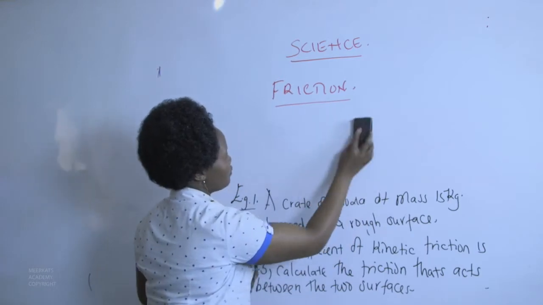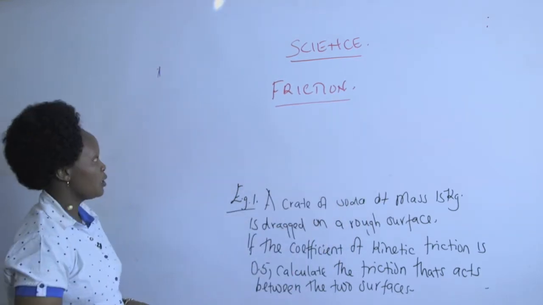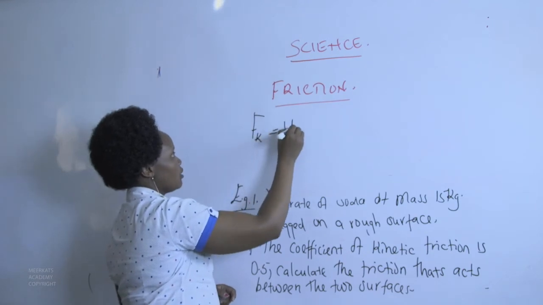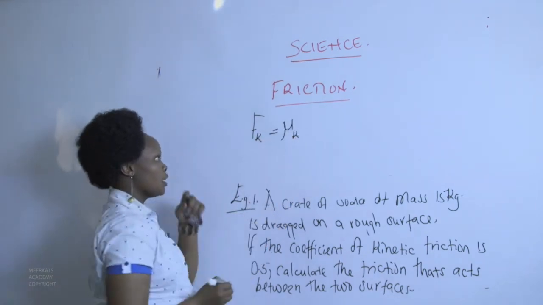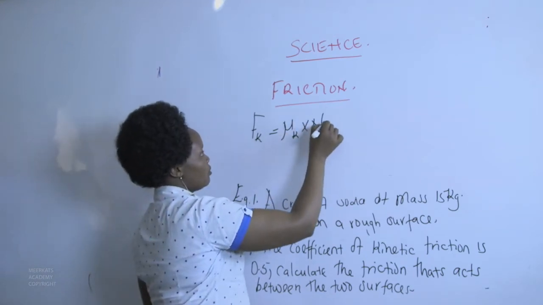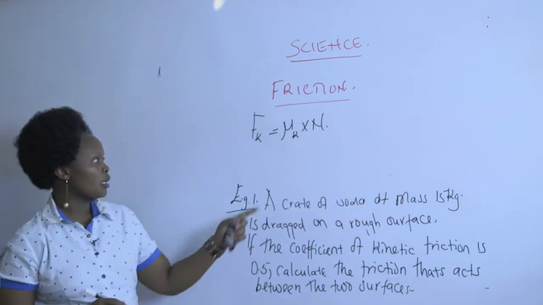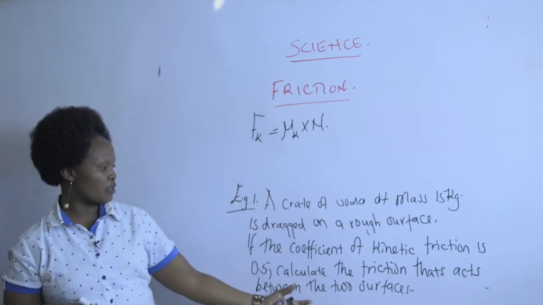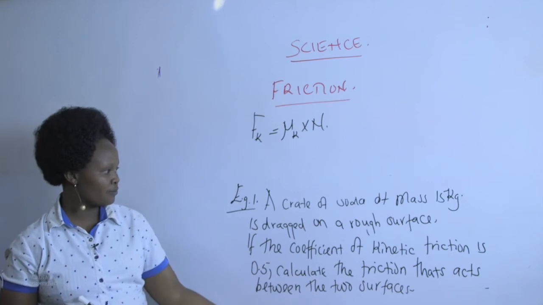Let us go back to our formula. Kinetic friction is given by the coefficient of kinetic friction, and this should be multiplied by the normal. Now, ask yourself, what does the question provide?